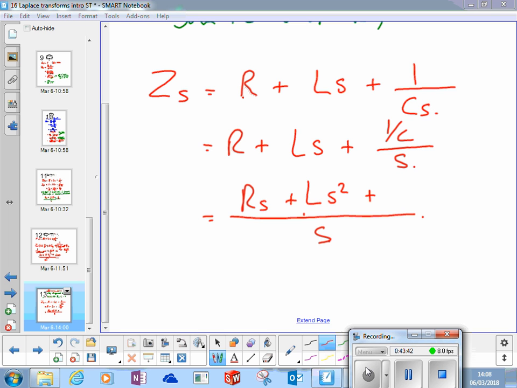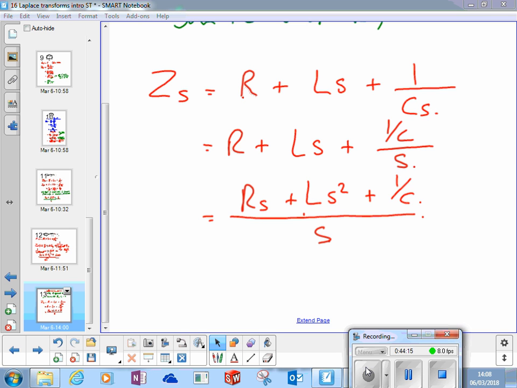And this becomes 1 over C. General solution, what it's saying is the impedance in S space is dependent on the resistance value, it's dependent on the square of the inductor value, and it's dependent on 1 over the capacitance value.